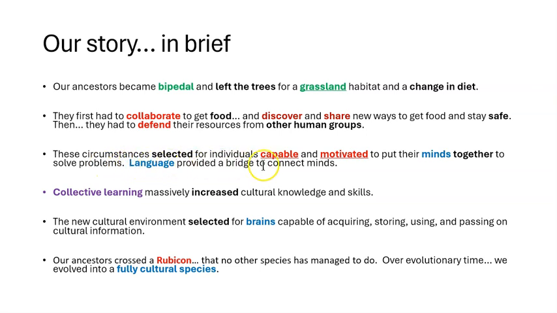Language provided a bridge to connect minds. Collective learning massively increased cultural knowledge and skills. The new cultural environment selected for brains capable of acquiring, storing, using, and passing on cultural information. Our ancestors crossed a Rubicon that no other species has managed to do. Over evolutionary time, we evolved into a fully cultural species.